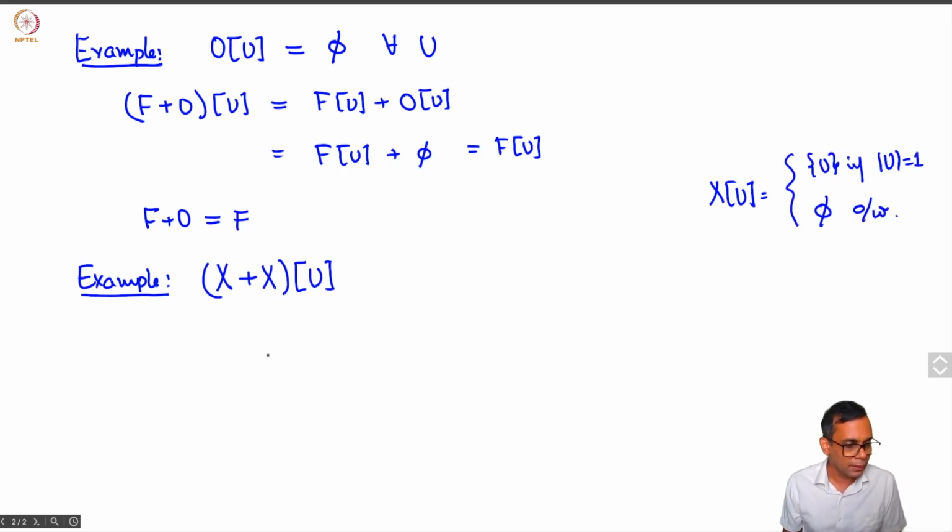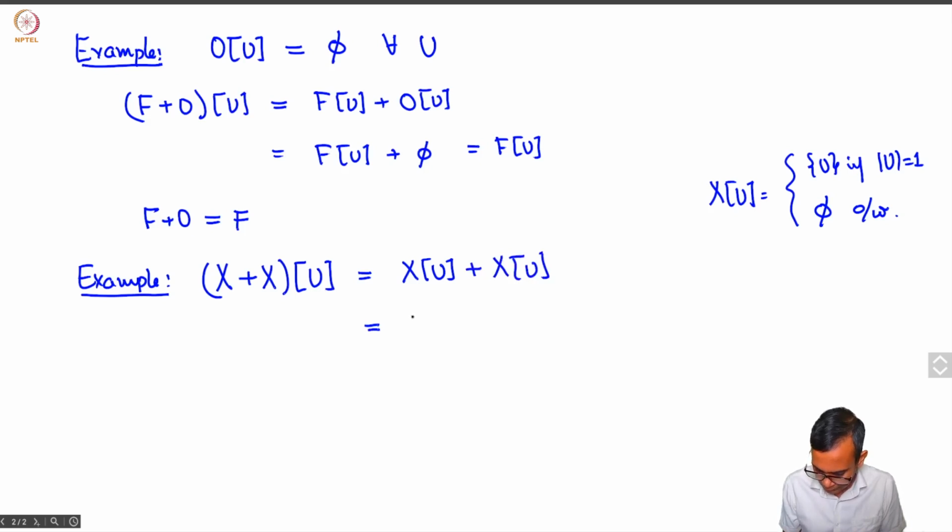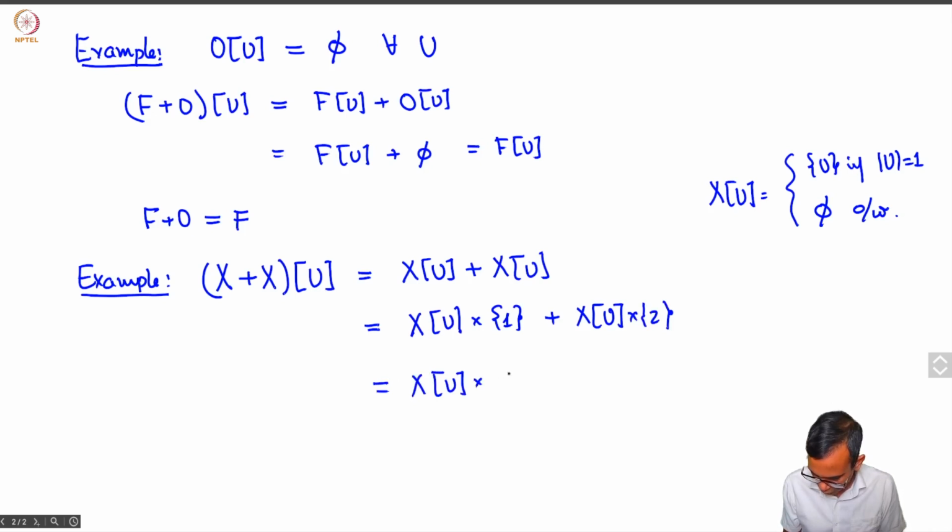And so X plus X of U is going to be X of U plus X of U. What we should think of this disjoint union as is X of U cross 1 plus X of U cross 2, which we can think of as X of U cross {1, 2}.